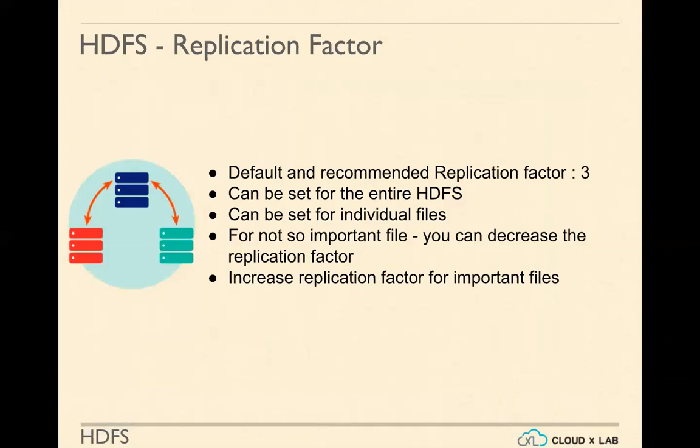It can also be set for individual files. So the administrator can change it for the entire HDFS, while you can change it for your own file. For a not so important file, you can decrease the replication factor, and for very important files, you can increase it.